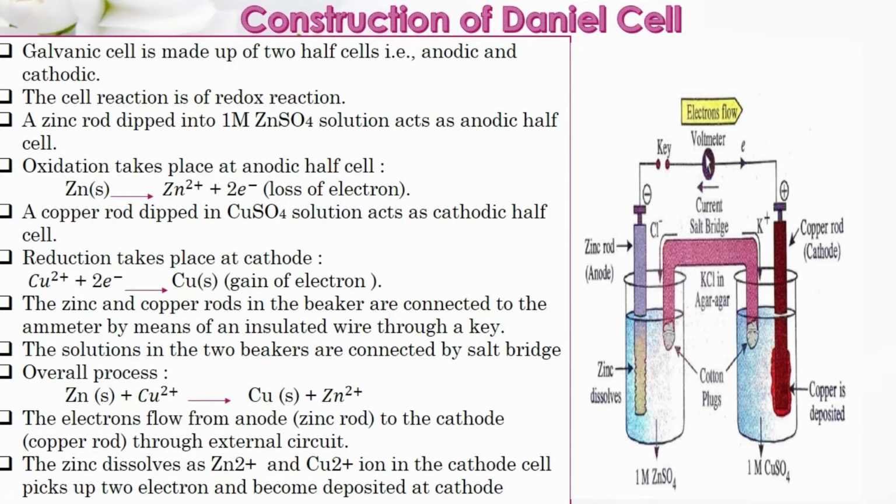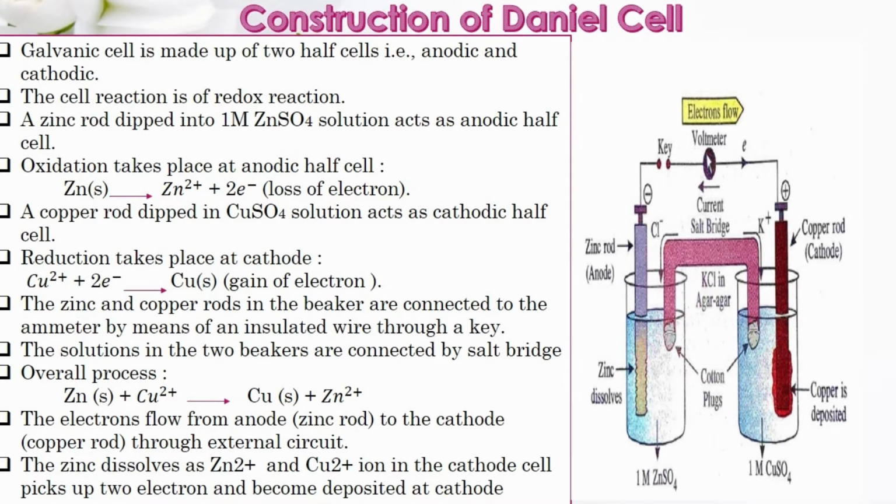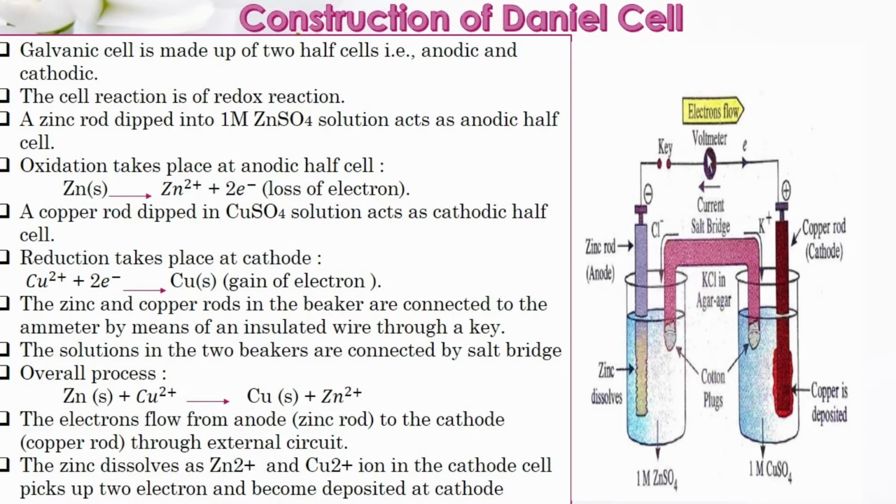The two openings of the U-tube are plugged with some porous material such as glass wool or cotton. The U-tube which connects the two glass beakers is called the salt bridge. Regarding the function of the salt bridge, we will discuss later.